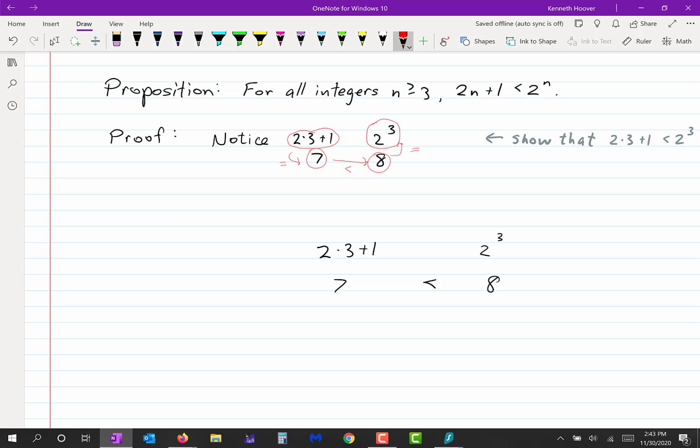That's the order you need to write it in, because that's the order that the calculations go. So it should be written like this. Two times 3 plus 1 equals 7, which is less than 8, which equals 2 to the 3. And that's why 2 times 3 plus 1 is less than 2 to the 3.